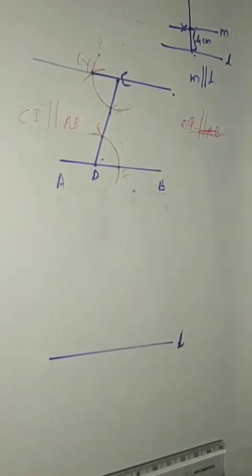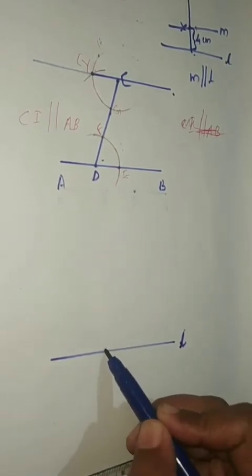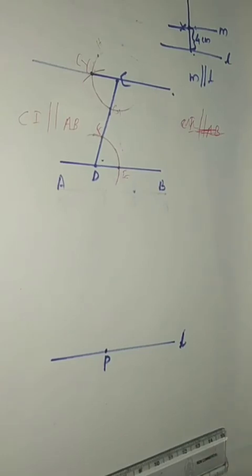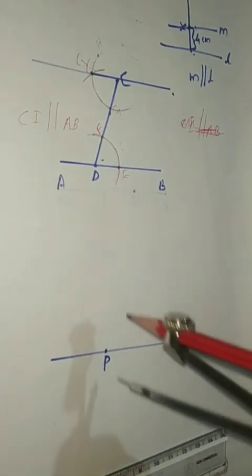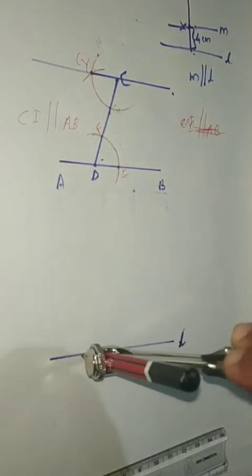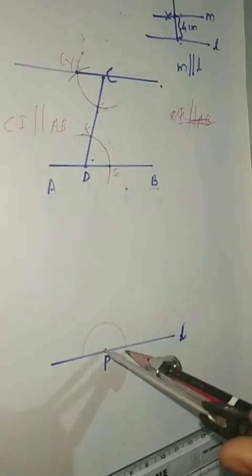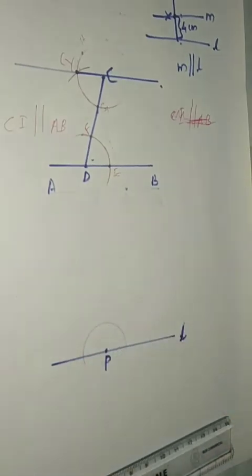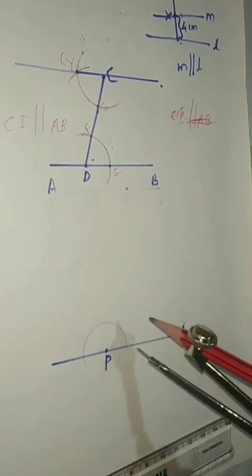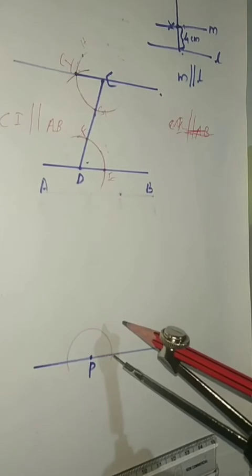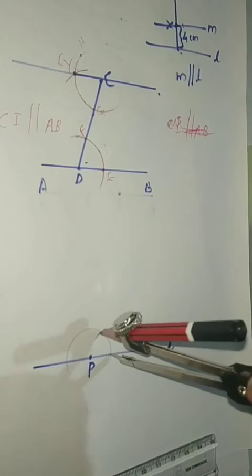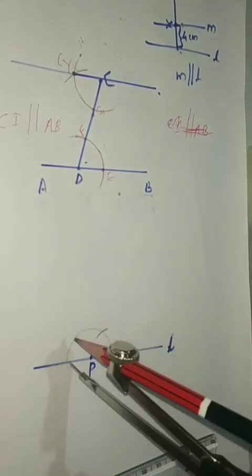Now, to get this perpendicular line, we can mark P on this line L. After that, we can draw an arc, and then keep here one small arc with the same distance.